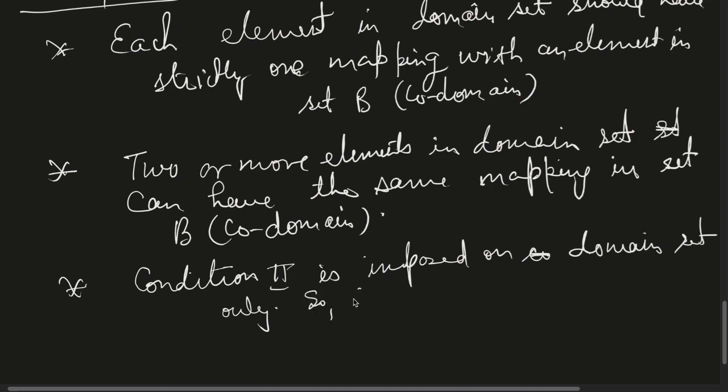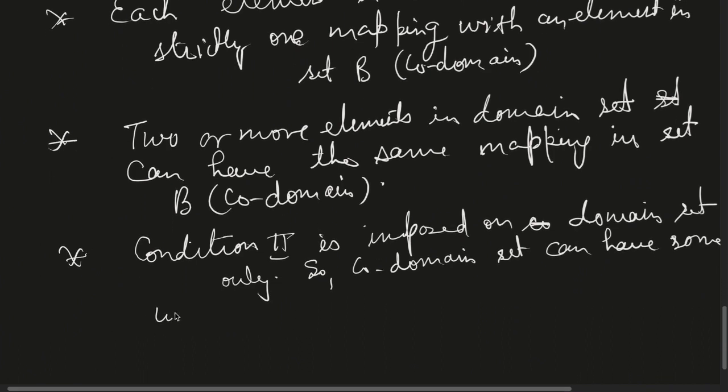So the codomain set can have some unmapped elements. There is no problem.